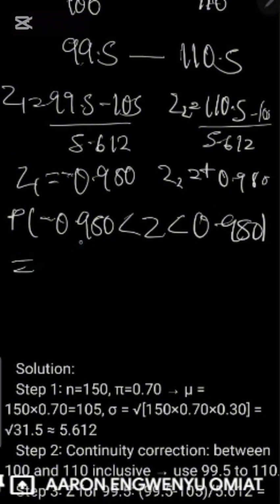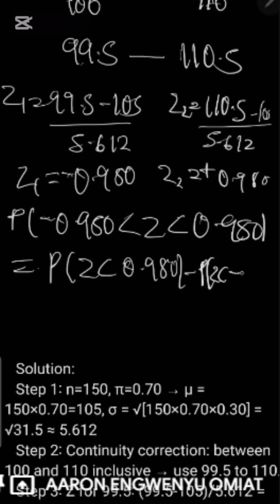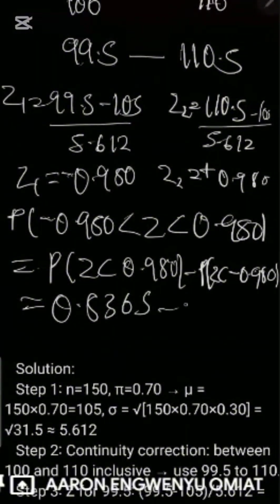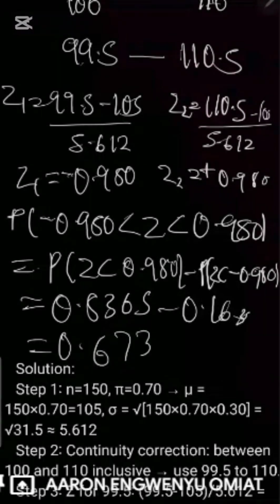So it is the probability of Z less than 0.980 minus the probability of Z less than negative 0.980. From our table, this gives 0.8365 minus 0.1635. Therefore, our final answer is 0.6730.